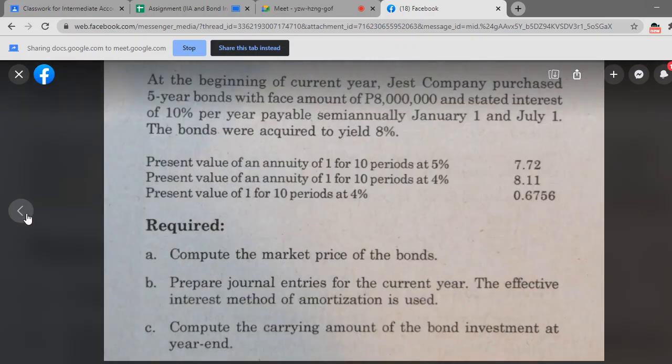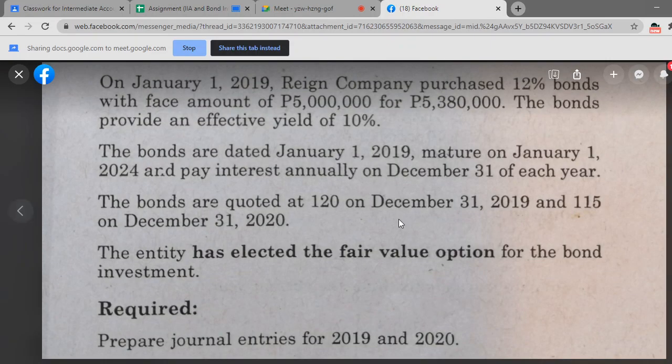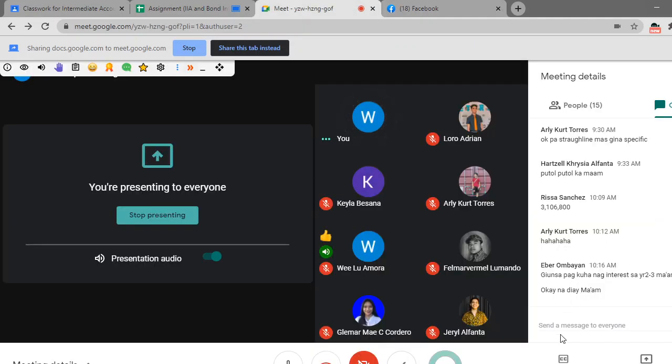Where is Rain? There, Rain Company. So, for your drill, please compute the gain from change in fair value on December 31, 2020.